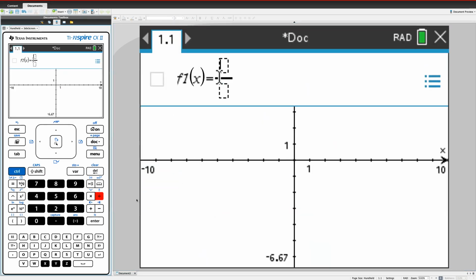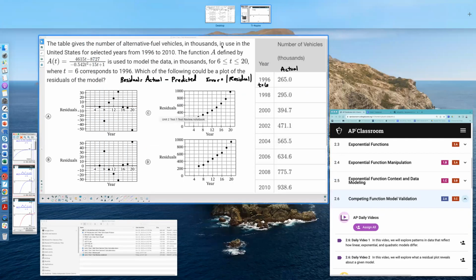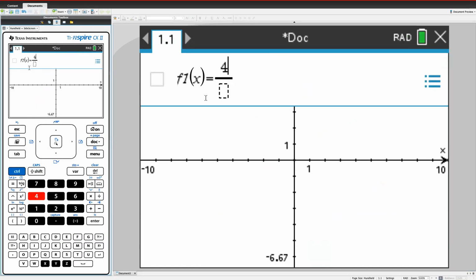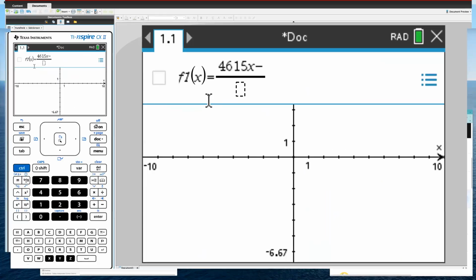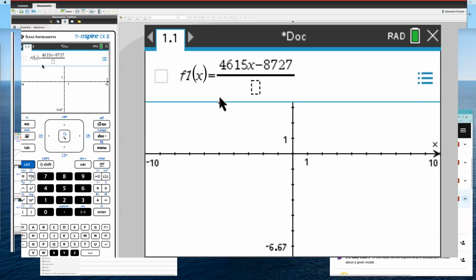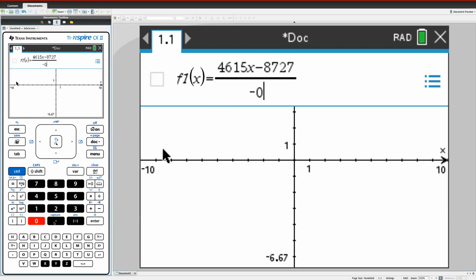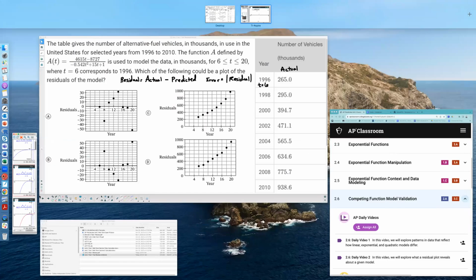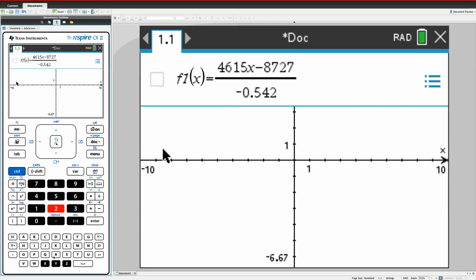It was a fraction, so do the fraction first, and I've forgotten, it's 4615t, except my calculator needs an x, minus 8727. 4615x minus 8727 over, make sure y'all are following along here, negative 0.542t squared.